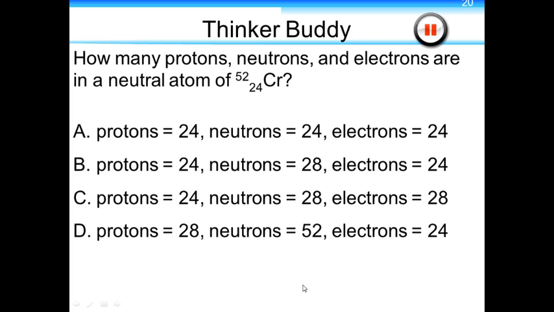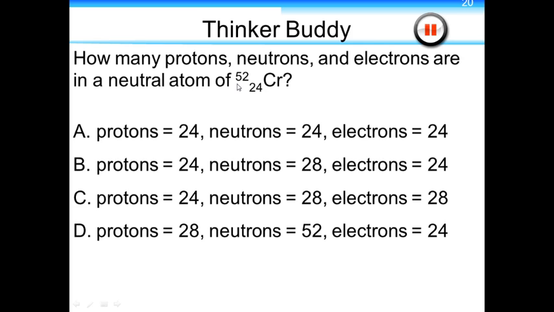Let's do a thinker buddy. How many protons, neutrons, and electrons are in a neutral atom of chromium-52? Notice how I'm just indicating the mass number of chromium by putting it after the name, chromium-52. Why don't I need to include the atomic number?